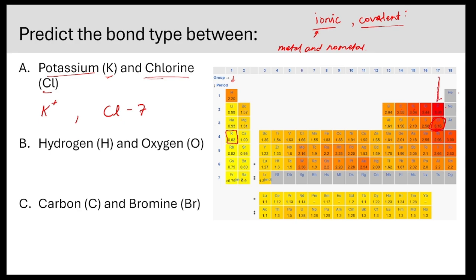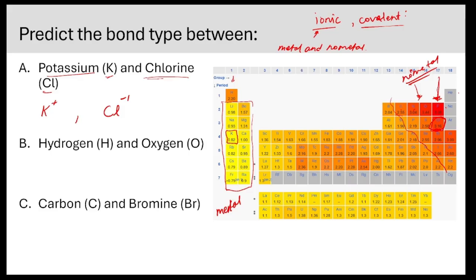Since the valence electron is 7, it is easier to gain an electron compared to losing 7 electrons, so the charge is minus. We also know that except hydrogen, all these elements are metals, and all these elements here are non-metals.